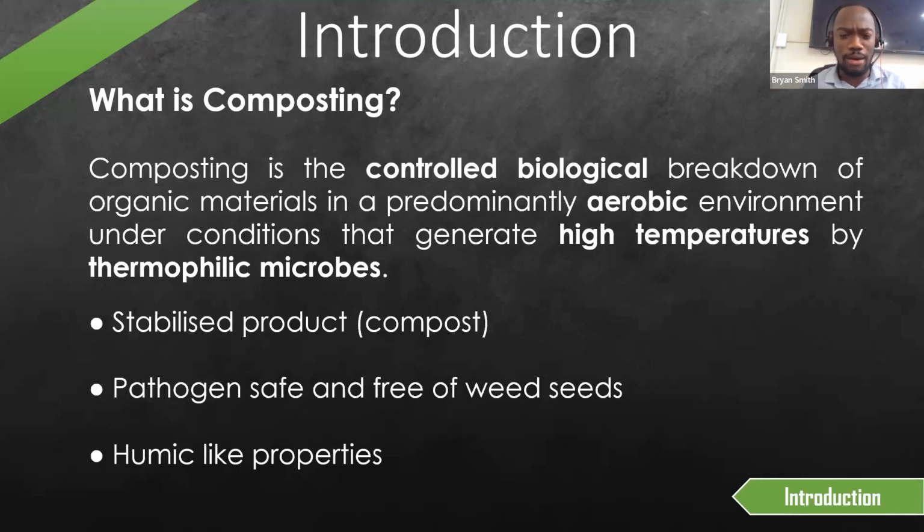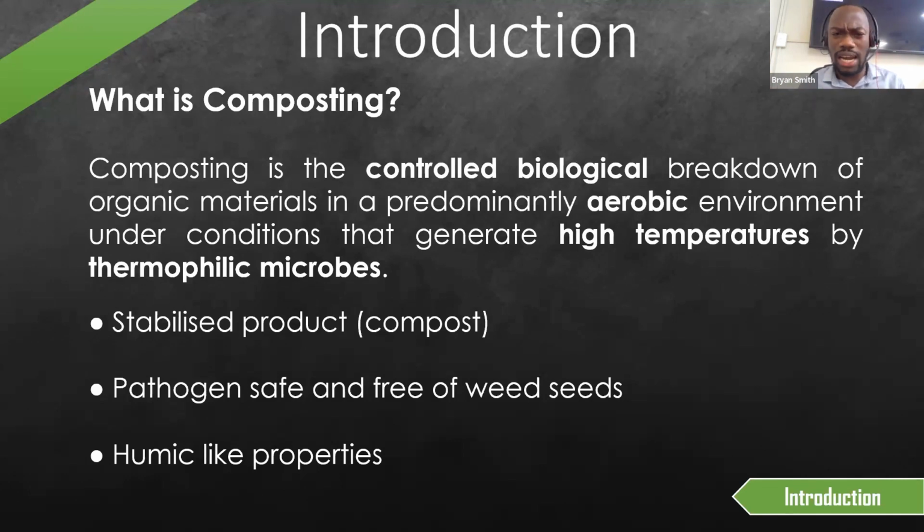We also get a product that is what we call pathogen safe, meaning that we're not expecting any harmful pathogen, particularly human or even plant pathogens, to be present in that material. And we also have it being free of weed seeds, meaning that there are no more viable weed seeds in the compost at the end, in the stable product.